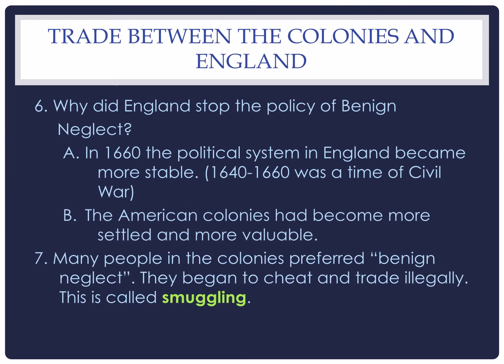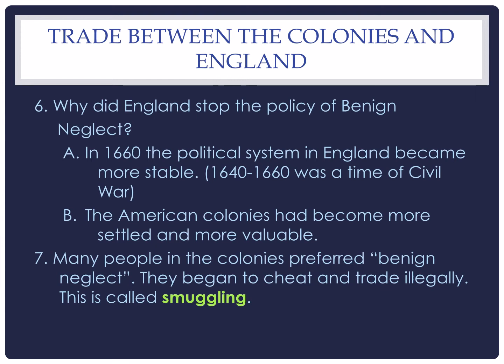A second important reason that England stopped the policy of benign neglect was that they realized the American colonies were succeeding. More and more people were settling there, and the colonies were becoming more and more valuable.